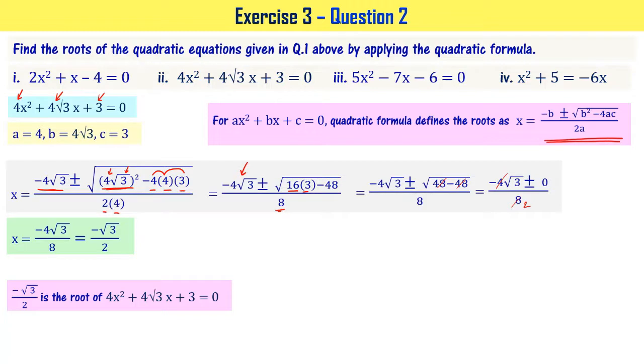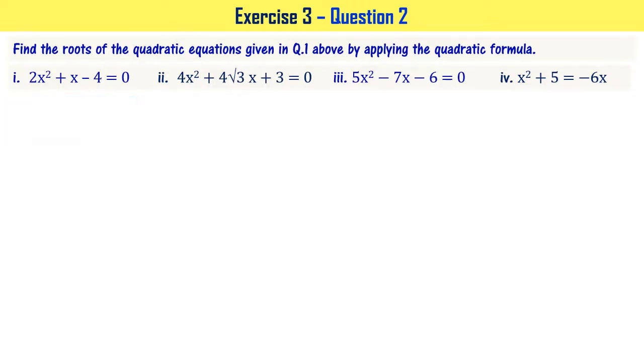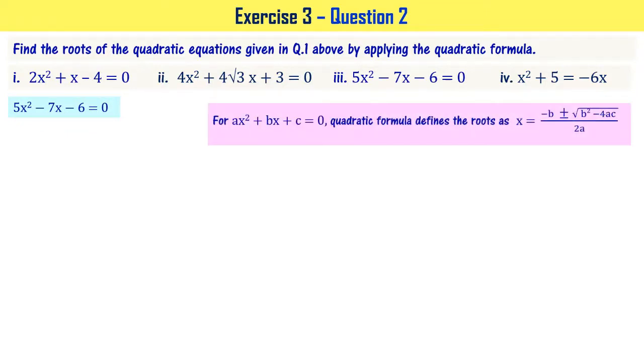Got it? Let's look at the next part of the problem, that is 5x square minus 7x minus 6 equal to 0. When you want to find roots of this equation using quadratic formula, we have to know what are the values of a, b, and c, right? For that, we are going to compare the given equation with ax square plus bx plus c equal to 0, such that we can write a equal to 5, b equal to minus 7, and c equal to minus 6, right?